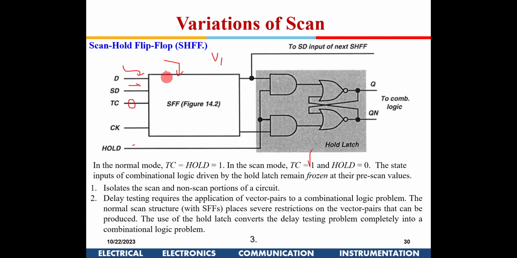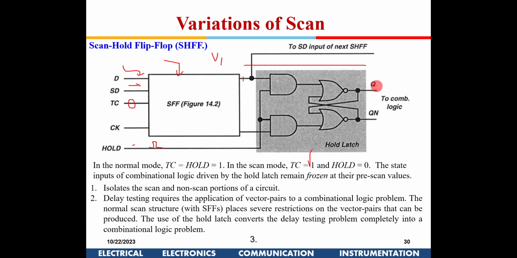Having done that, now we have to give a vector 2. So this vector 1 needs to be applied to the combinational block. So once this data is fed, I give a hold signal, right? If I give a hold signal from 0 to 1 to 0, so initially hold is 0. Okay, so this is isolated. So the moment I give it to 1 here, whatever test vector is available from the flip-flop will be captured into this latch, and then the hold signal will go low.